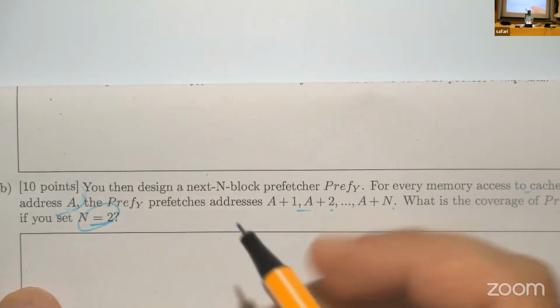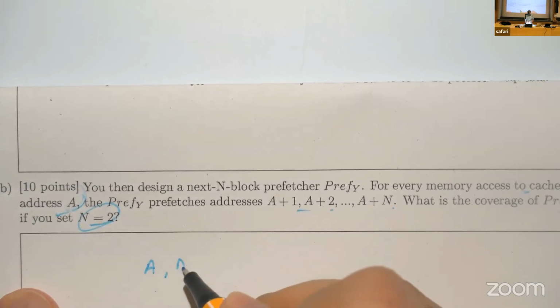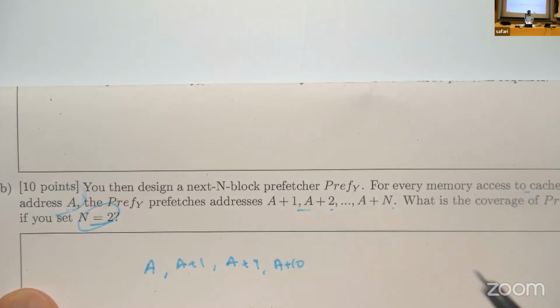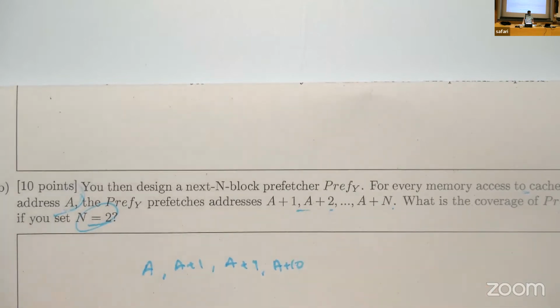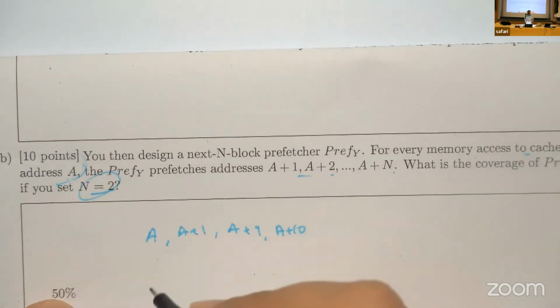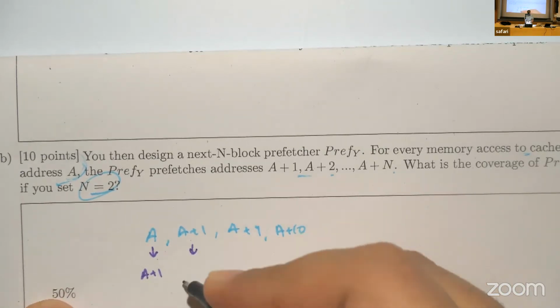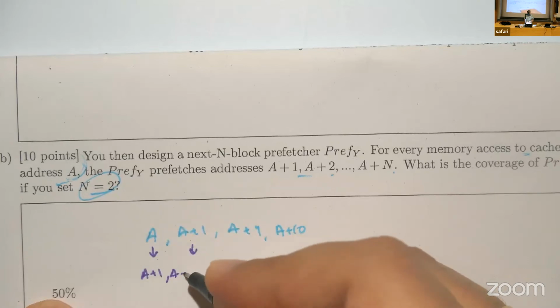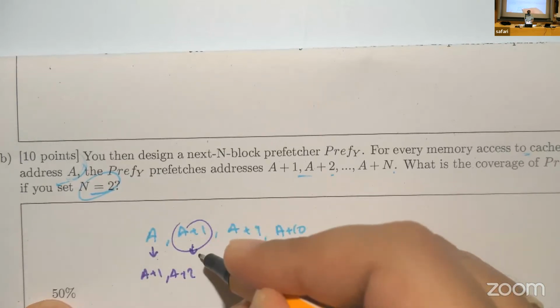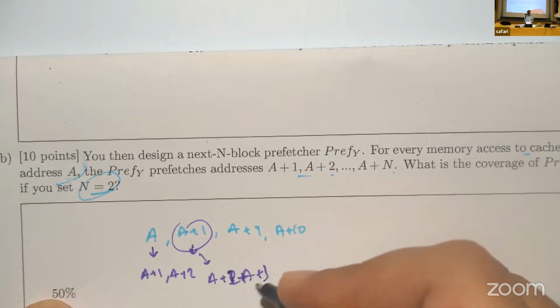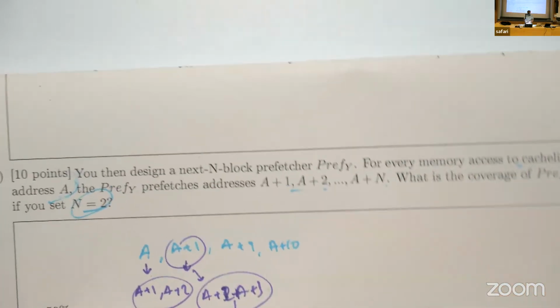If you remember the access pattern, it goes like A plus 1, A plus 9, A plus 10, things like that, right? When you access A, it will create a prefetch request for A plus 1 and A plus 2, right? When you access A plus 1, it will create a prefetch request for A plus 2 and A plus 3.